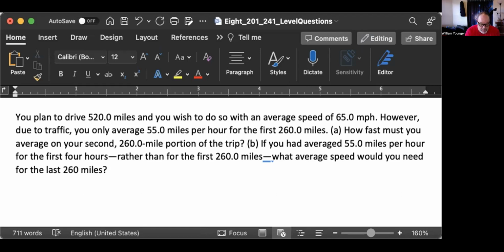So I'm going to write B, S bar first 4 hours equals 55.0 mph again. And the question is, what average speed do you need for the last 260? So I'm going to write S bar second 260.0. It probably wouldn't hurt to put MI by each of the 260s in my subscripts, just so we won't forget what they are.